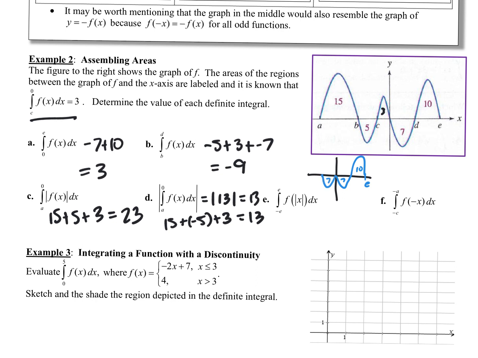So this will be 7, and this will be 10, and this will be negative e. So then we'll add 10, negative 7, and 10, going from negative e to e. We'll get 6.